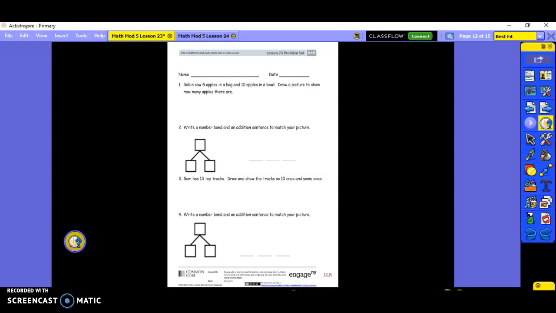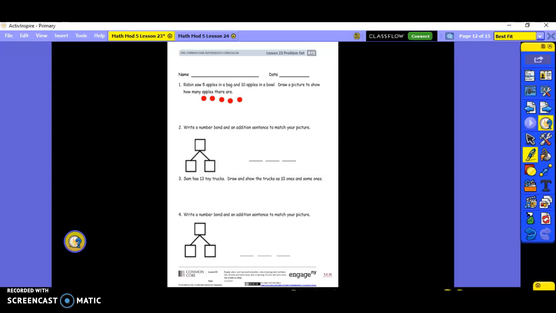Okay, so let's go into our problem and let's draw that to help us solve our problem. Robin saw 5 apples in a bag. Let's draw those 5. 1, 2, 3, 4, 5. And then it says, and 10 apples in a bowl.